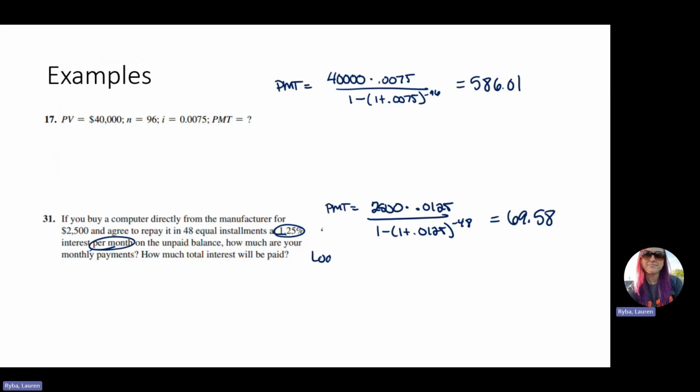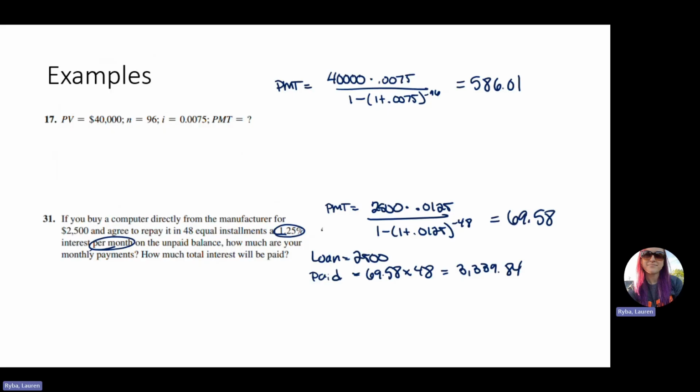Okay, so remember, your loan was for $2,500. We paid $69.58 48 times. So if I just do that really quick, $69.58 times 48 means in total I pay $3,339.84.